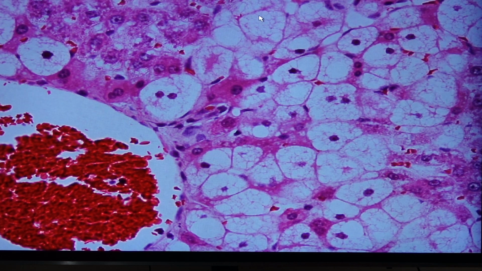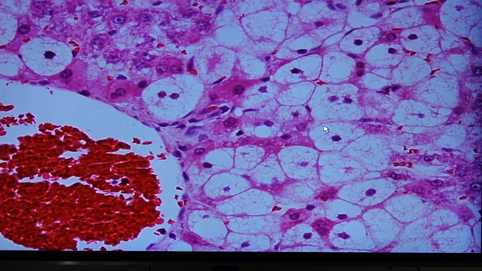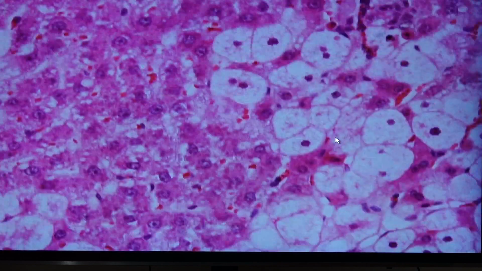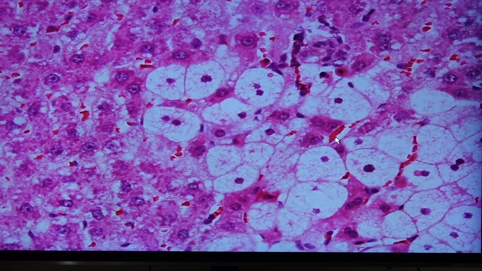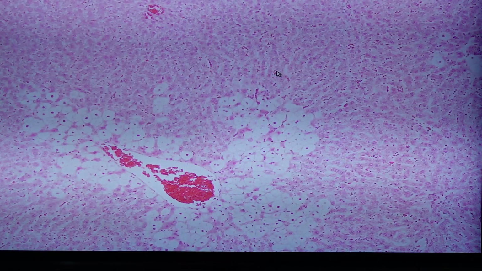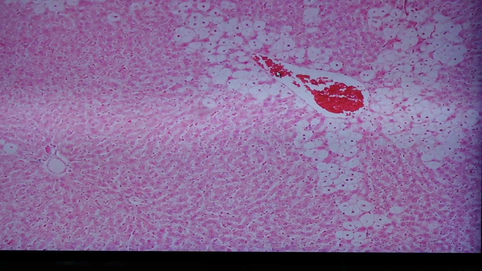They are composed of several small lipid droplets, so this is called microvesicular steatosis. The nucleus would still be present at the center. You can also see the presence of inflammatory cells in the area. So this is chronic inflammation, and that's a sign of still a reversible change.